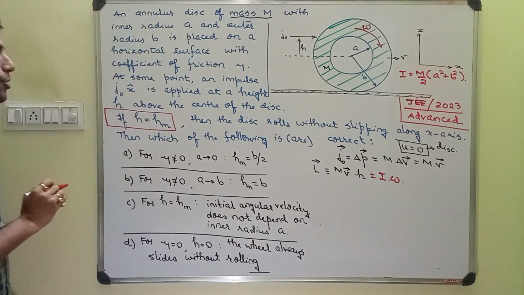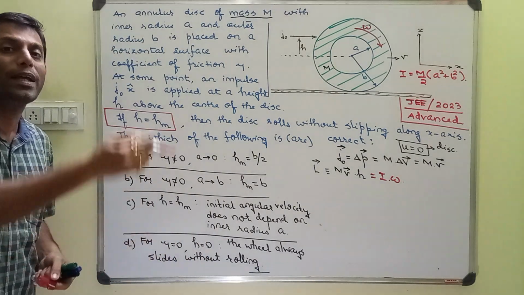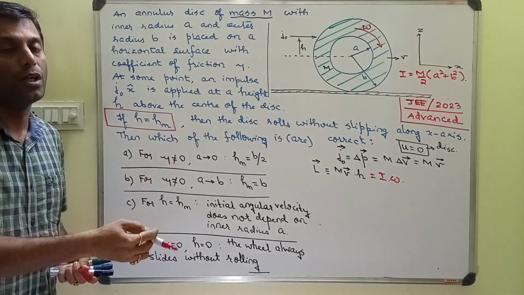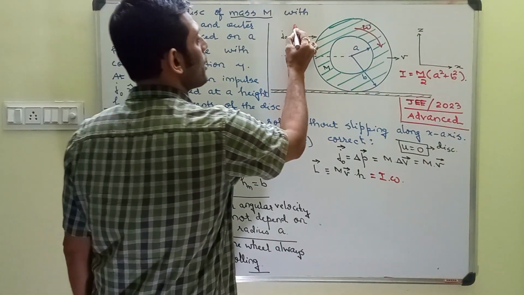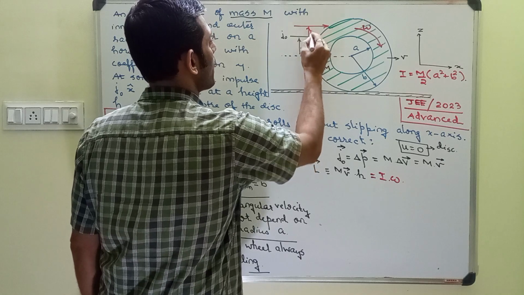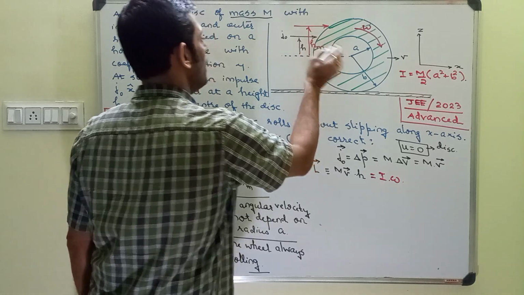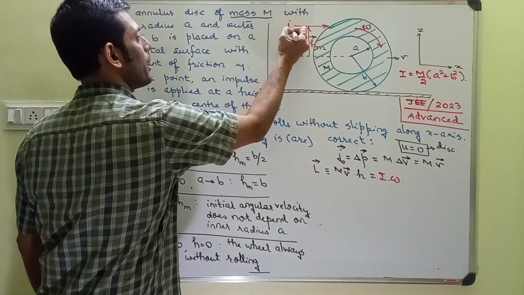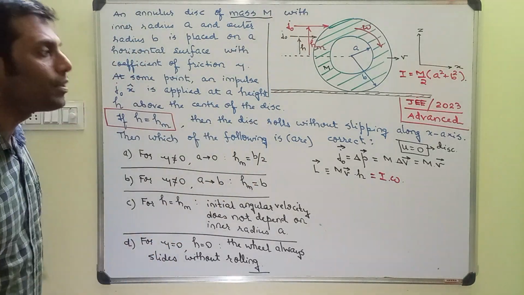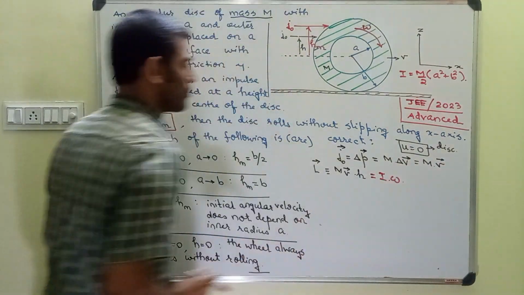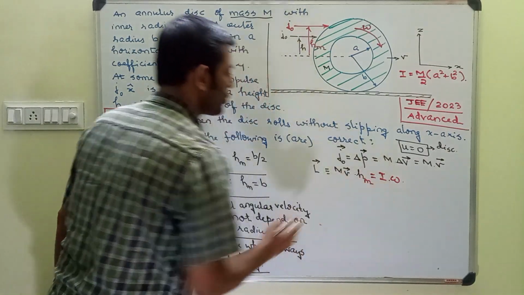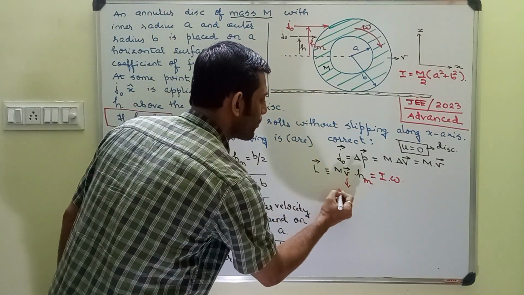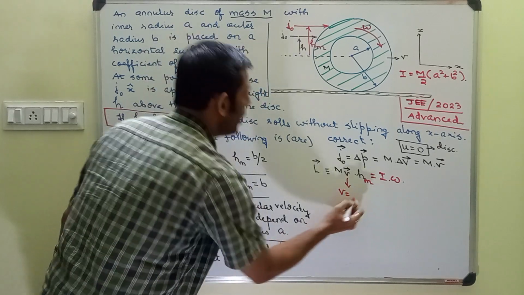If h equal to hm, that is the point of application of the impulse can be changed to hm. Let's say it can be brought in here. If this height can be treated as hm, then the impulse can be applied at this point, but the value of the impulse would remain the same, and therefore we can say that this can be an hm, where v is equal to r omega.